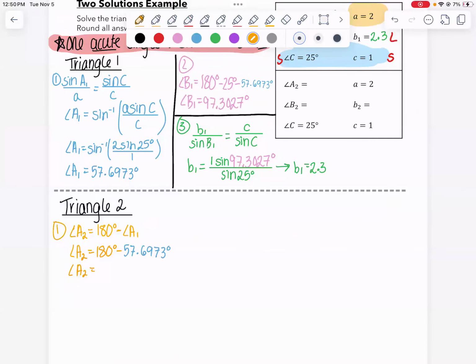You'll get that angle A2 is equal to 122.3027 degrees. And rounded to the nearest tenth, that would be 122.3 degrees.